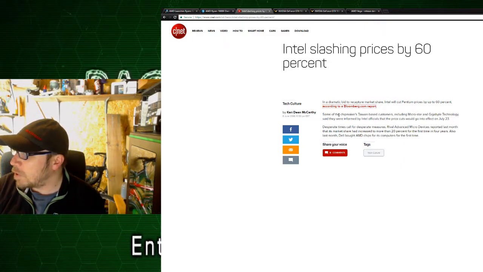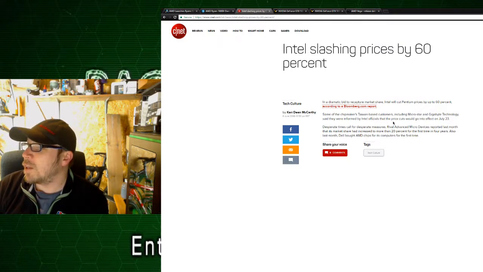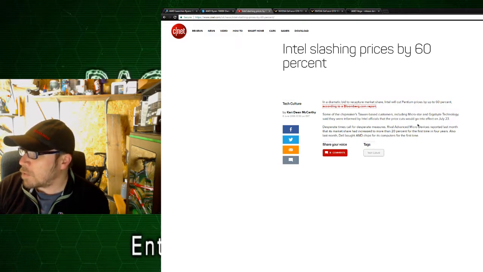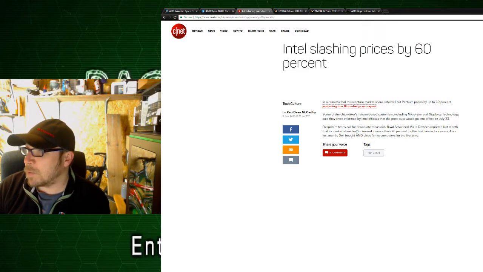So some of the chip makers, Taiwan-based customers, including Microstar and Gigabyte Technology, said they were informed by Intel officials that the price cuts would go into effect on July 23rd. So July 23rd this year, according to Microstar and Gigabyte, Intel will be slashing their prices by up to 60%.